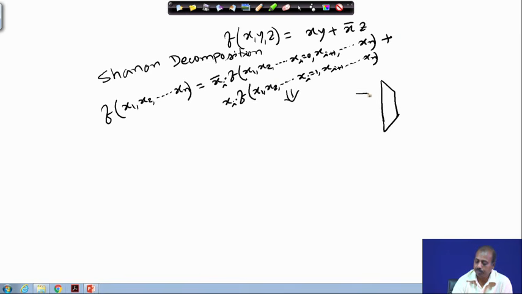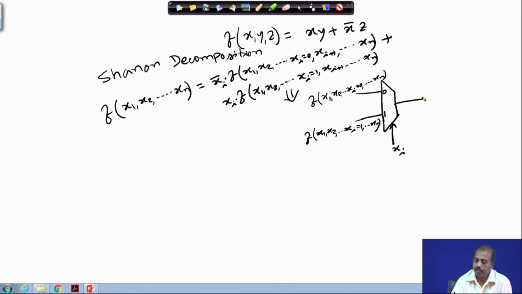So, this is the input 0, this is the input 1, and here in the select line I apply the variable xi. When xi equal to 0, here I have to somehow realize the first function, x1, x2, xi equal to 0, up to xn, and here I have to realize the function x1, x2, xi equal to 1, up to xn.